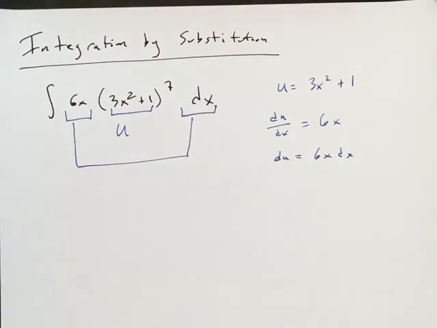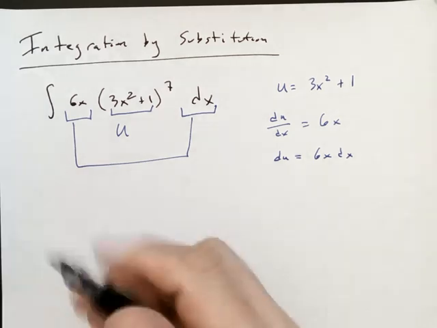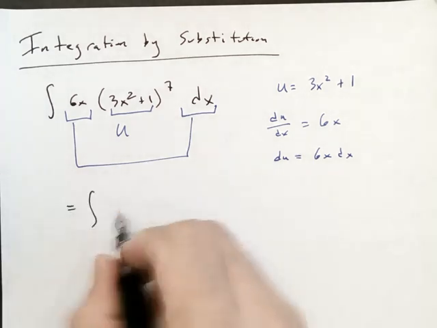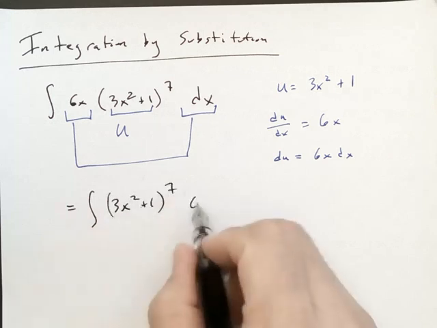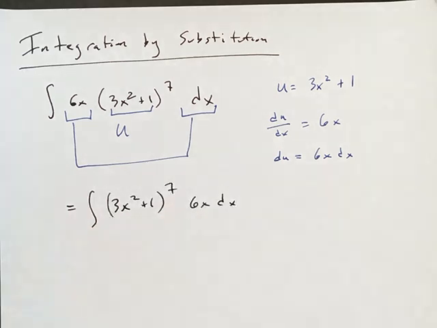Since they're being multiplied, I can multiply in any order I want. I can rearrange them. So if I rearrange this integral, then I can make a transformation and say change variables, switch to u.